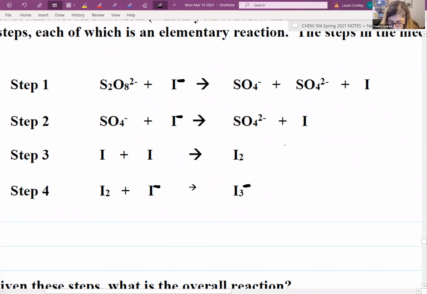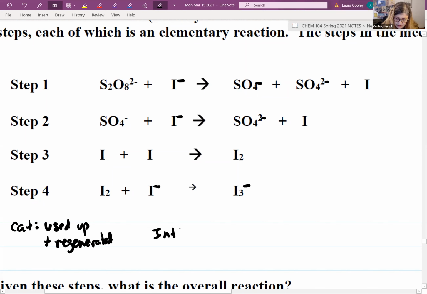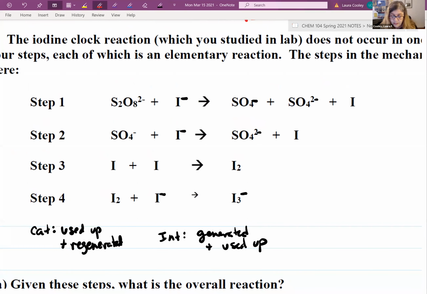This has 2 minus, 1 minus, 2 minus. Okay. So we're looking for a catalyst. A catalyst is used up and then regenerated. And we're looking for intermediates. These are generated and then used up. So let's look at intermediates. Give me some intermediates here. What's an intermediate?